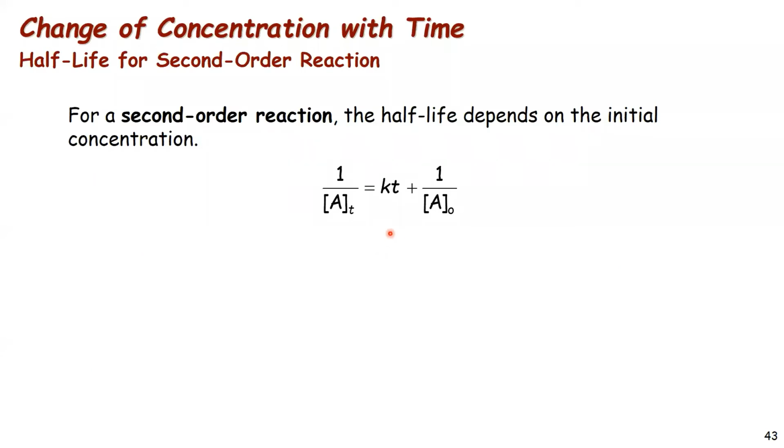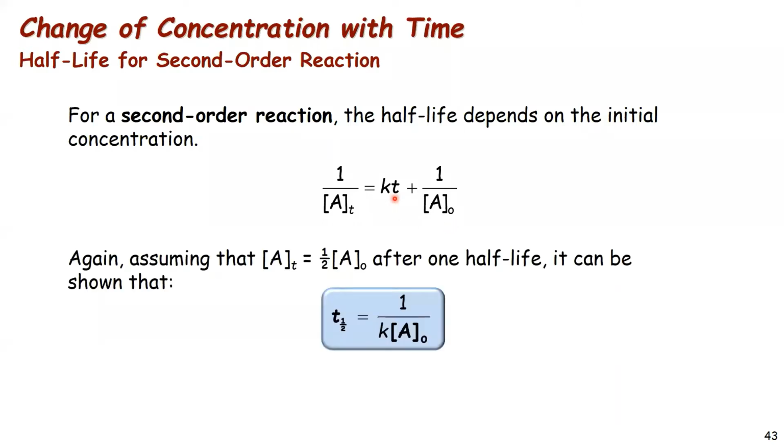Half-life, all we're going to do is replace again A of t by 1/2 A naught, and then solve for t, which then becomes t 1/2. And once you rearrange it, you get that the half-life is equal to 1 over the rate constant times the initial concentration. So for the half-life of a second order reaction, you must know the initial concentration, unlike that of a first order reaction. Okay.